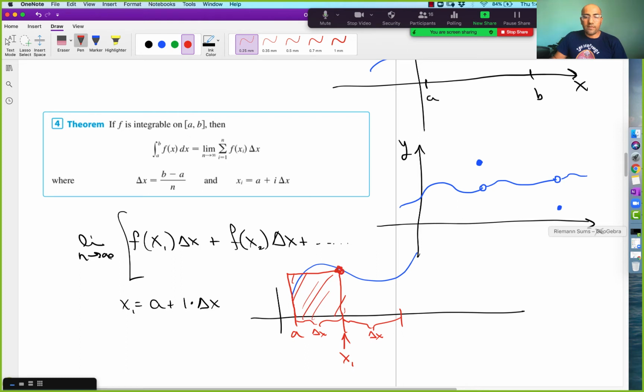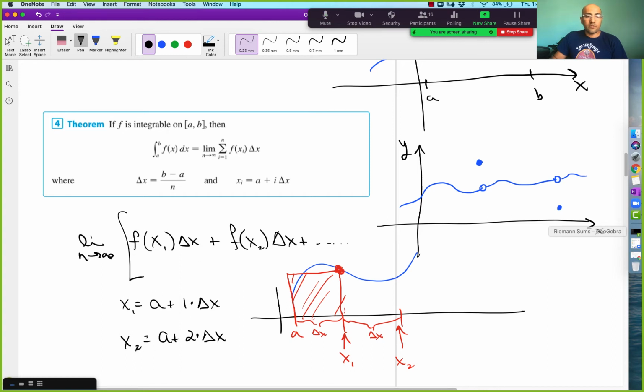Where I'm using this to judge the height. And then x sub 2 will be this one. Remember, x sub 2 is equal to a plus twice delta x, just following this little formula.